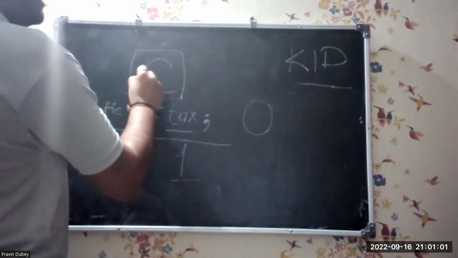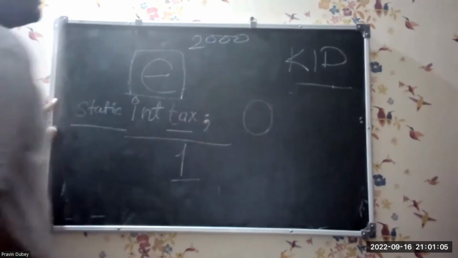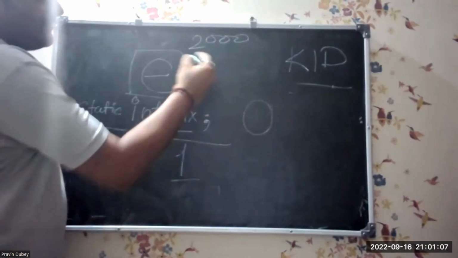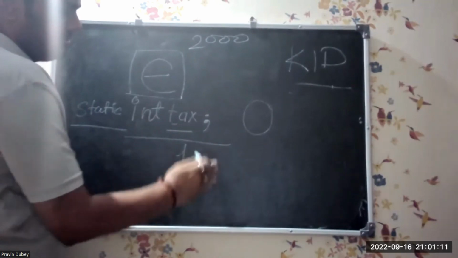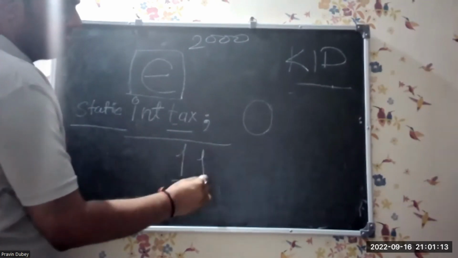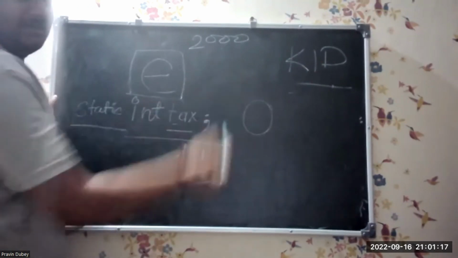Now this is employee. There are 2,000 employees. Now if the value of tax changes from 10 to 11, will it change for each object?